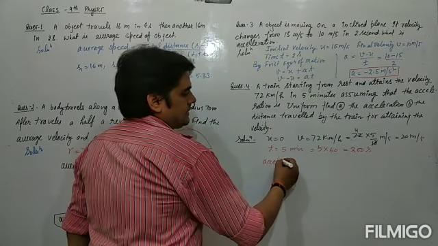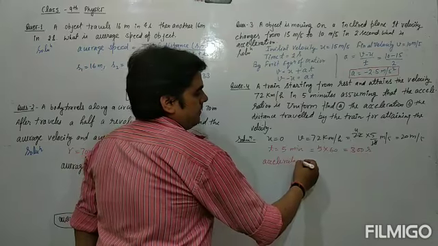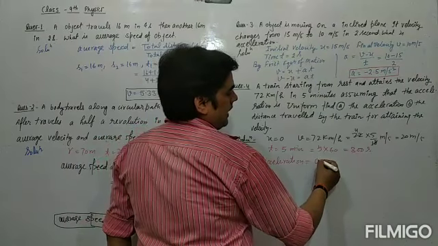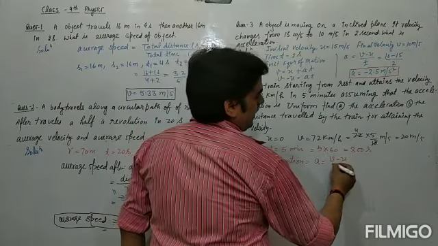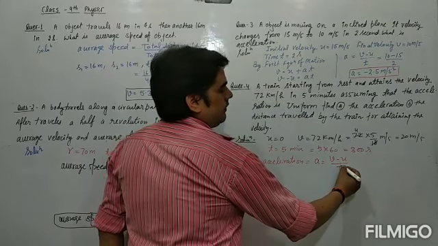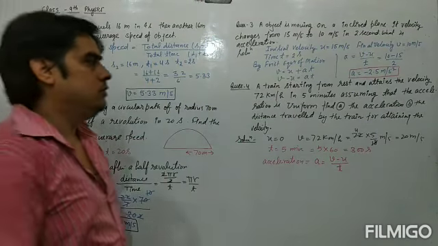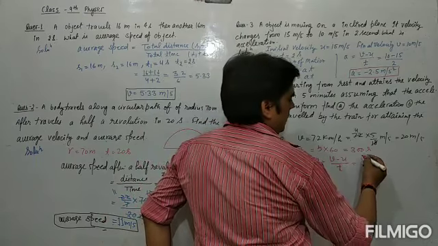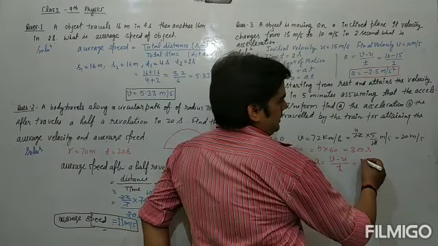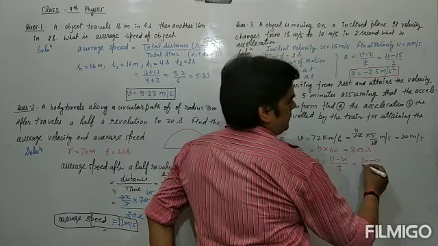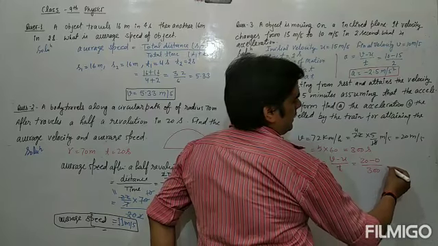Find the acceleration. By the first equation of motion, acceleration a is equal to v minus u by t. When you put the value, v is 20 and u is 0 upon time is 300.